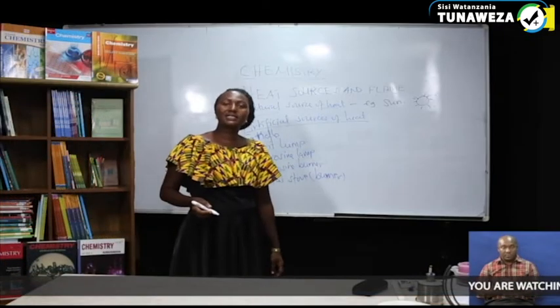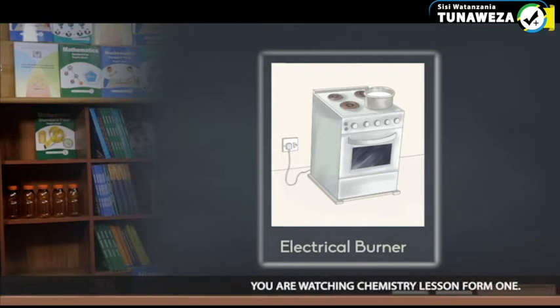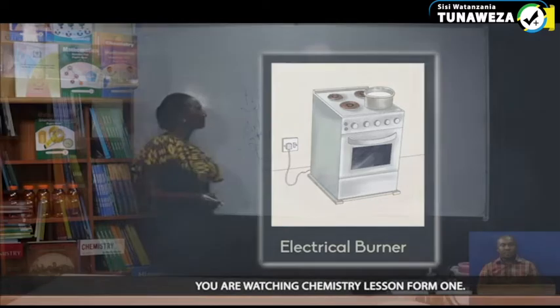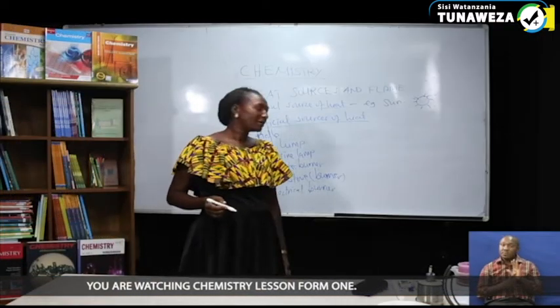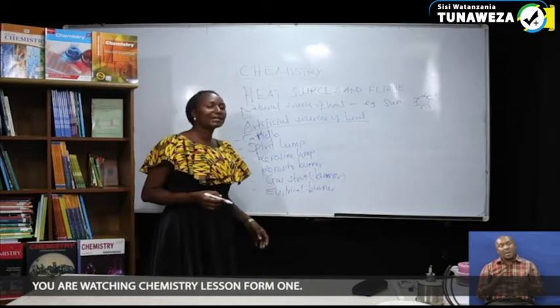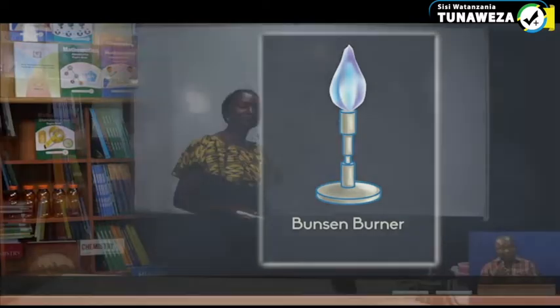Another type is electrical burner. Another is Bunsen burner. Okay, let us see one after another.